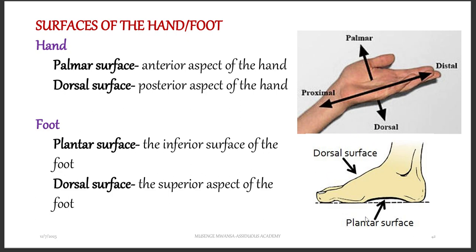So for the plantar and the palm, when you discuss the skin, these two parts of the body actually have a different skin from the rest of the body. They have what we call thick skin. The skin is made up of two layers, the epidermis and the dermis. The epidermis has 5 layers: stratum corneum, stratum lucidum, stratum spinosum, and then we have the basal.